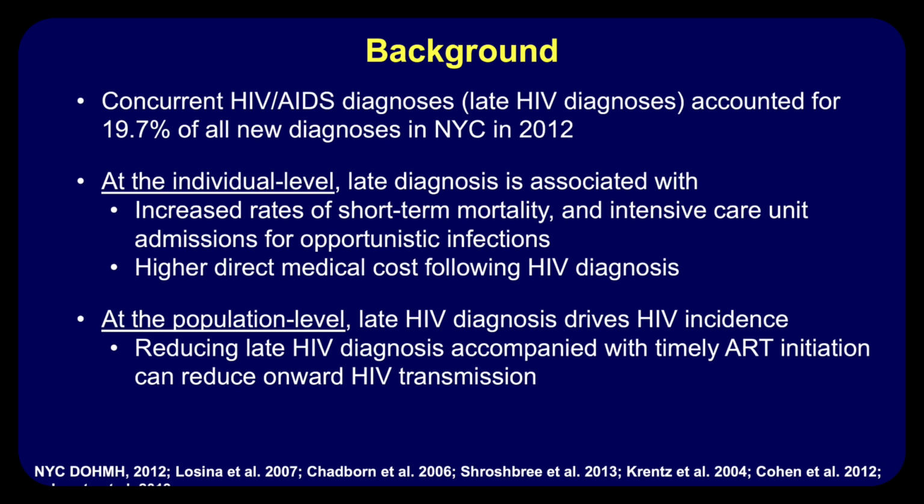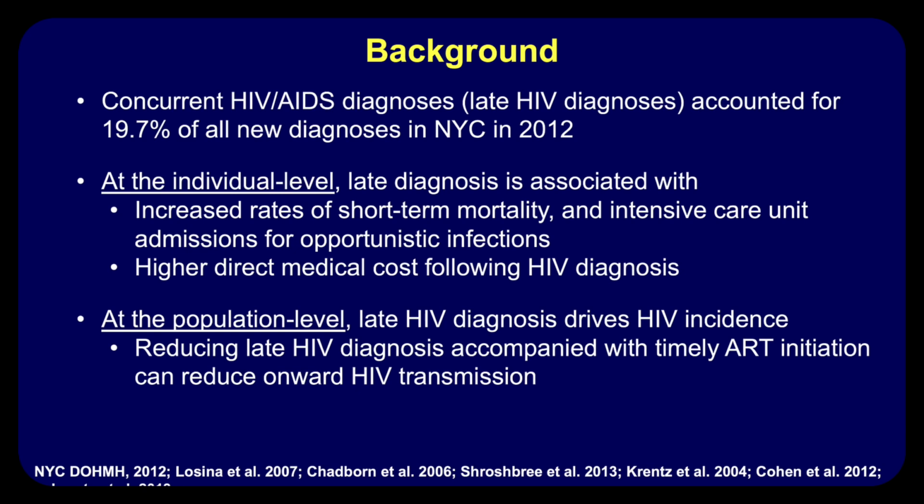And why is this important? Well, at the individual level, a late HIV diagnosis is associated with higher rates of short-term mortality, admission to the hospital, and opportunistic infections. And also from a societal standpoint, there's a much higher direct medical cost following HIV diagnosis.